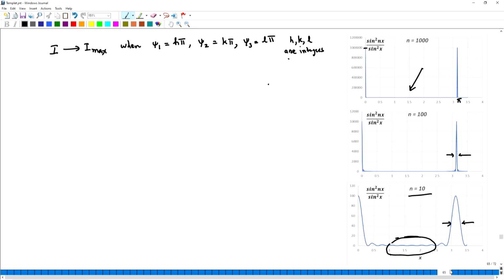Hence, I can write I max as phi 0 square upon r square n 1 square n 2 square n 3 square, and this happens when these conditions are satisfied.